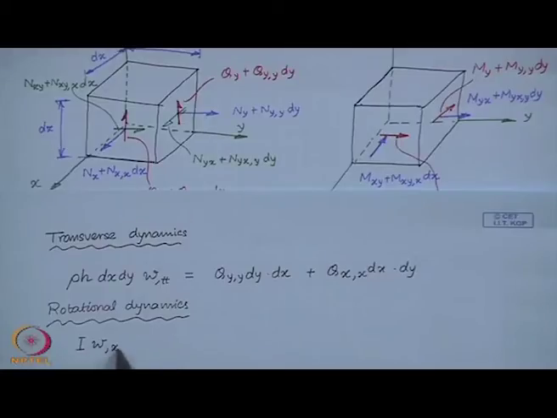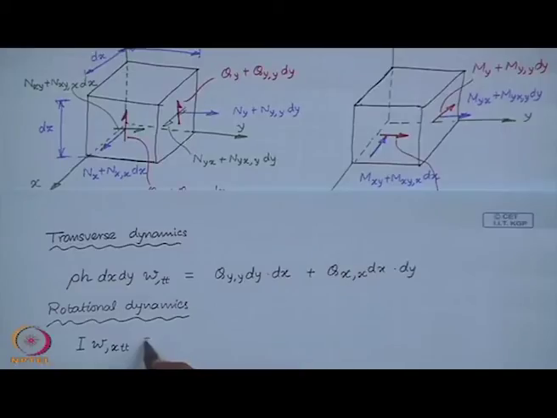This del w del x is the small angle, so this is the rotation about the y axis. The double derivative with respect to time will give us theta y double dot, the angular acceleration about the y axis.